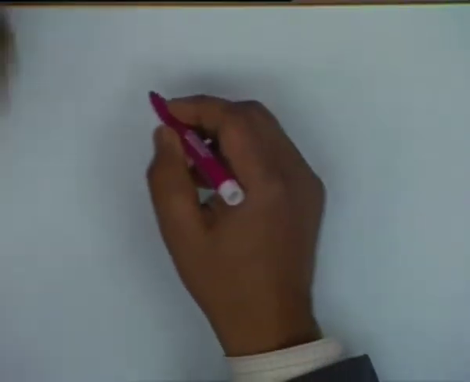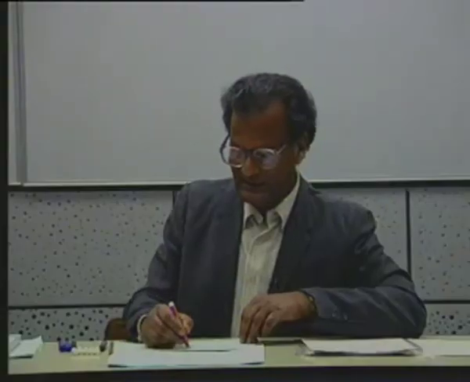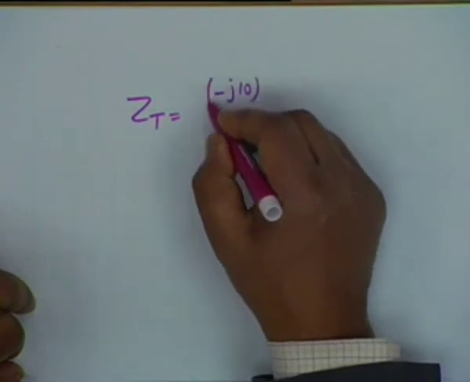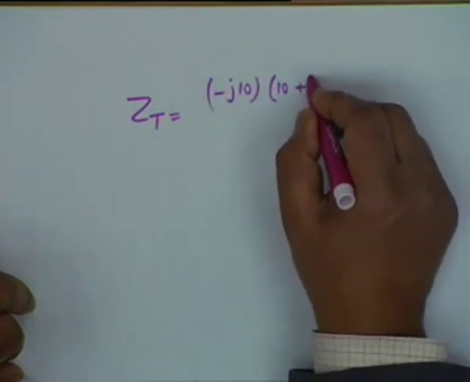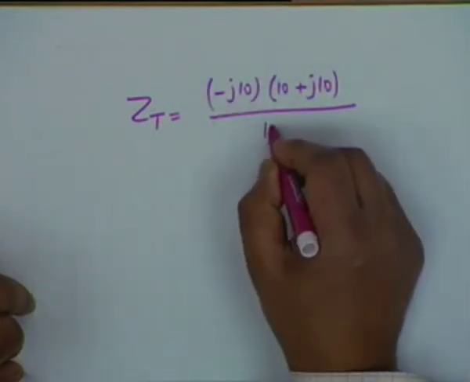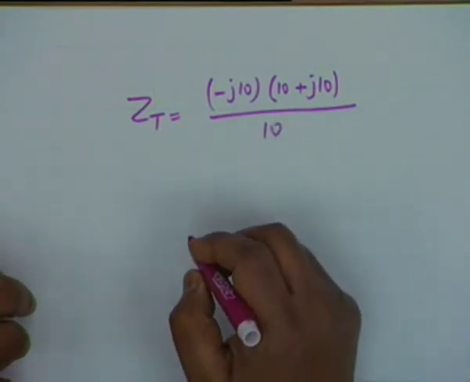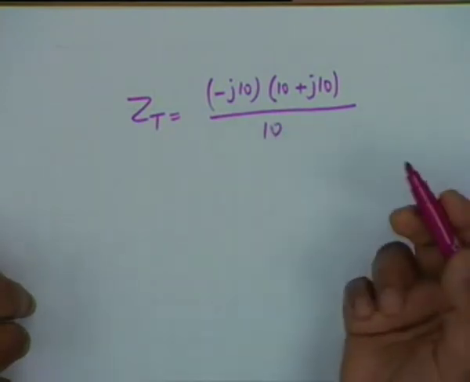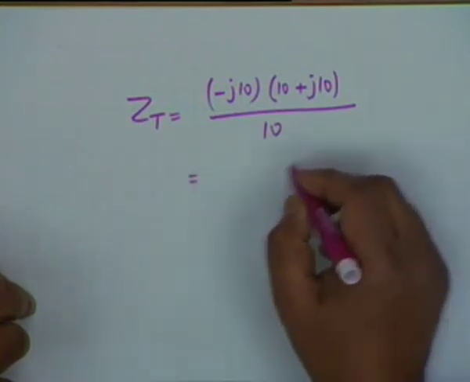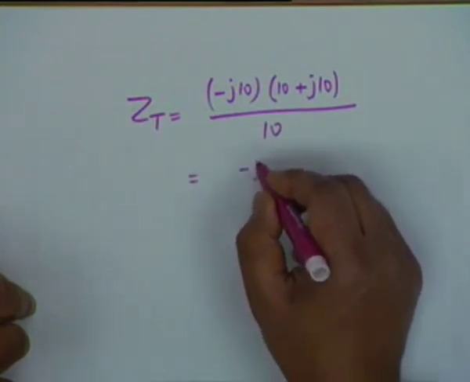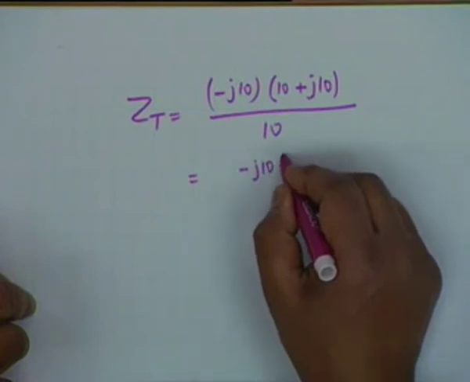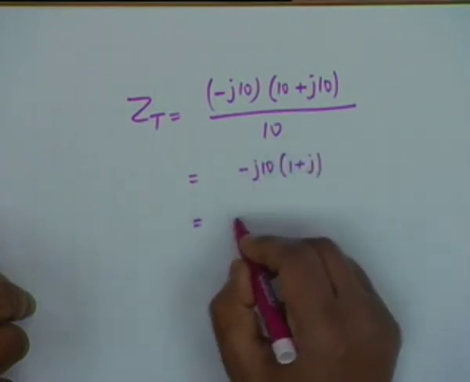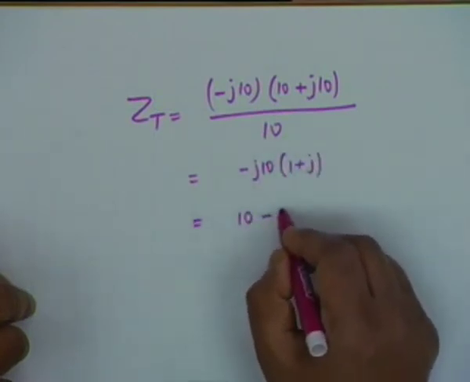Obviously your ZT is minus j10 multiplied by 10 plus j10, divided by 10. All right. 10 plus j10 minus j10, they cancel each other. So you get minus j10 times 1 plus j, which is equal to 10 minus 10j.